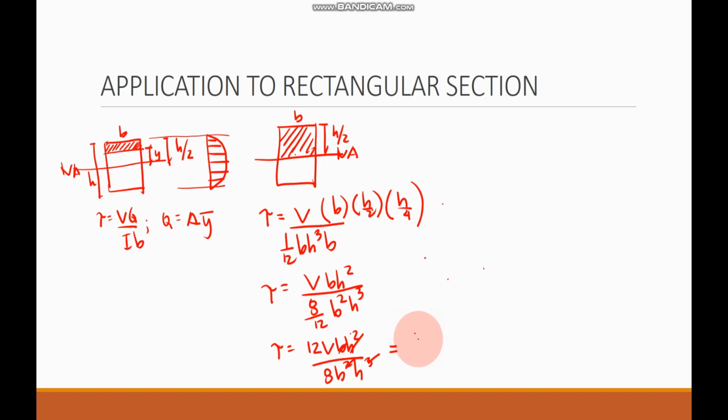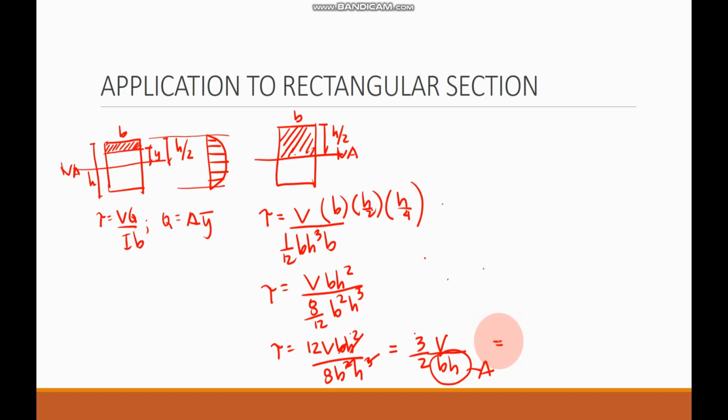So 12 divided by 8 is equal to 3 over 2 multiplied with V, and then we are left with BH, in which B multiplied by H is equal to the area of the rectangle.